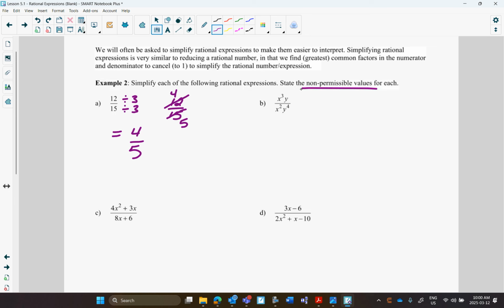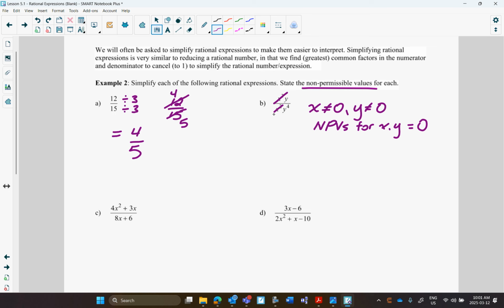We got 2 variables. What can't x be? 0. What about y? So we could say x not equal to 0, y not equal to 0. Or NPVs for x and y. Now let's reduce. Well, look, how many x's can I take out?